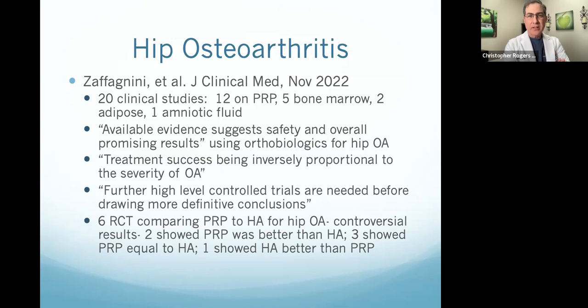So that means Dr. Smith in one part of town may use a system that doesn't create a PRP that's been shown to be helpful for hip arthritis, whereas Dr. Jones down the road does use a different system that makes, for example, a higher dose of platelets we found that is helpful for osteoarthritis. So when you look at these studies, it's important to realize that PRP is not the same in all these different studies, which makes it even harder to interpret the published literature.